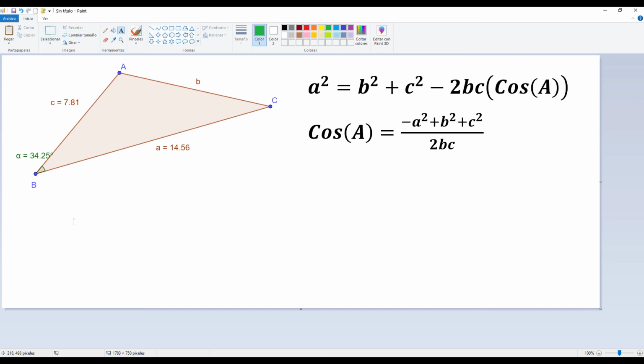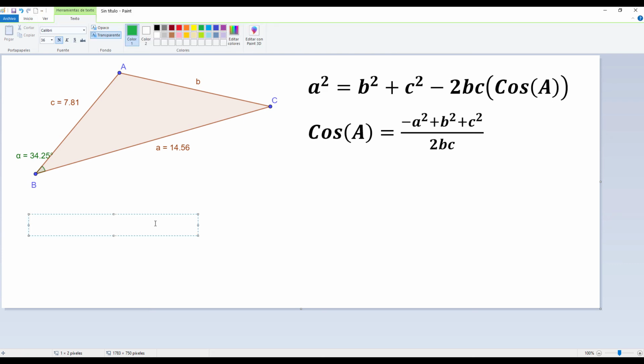So it's a large formula. B equals, remember that you need to calculate the square root.